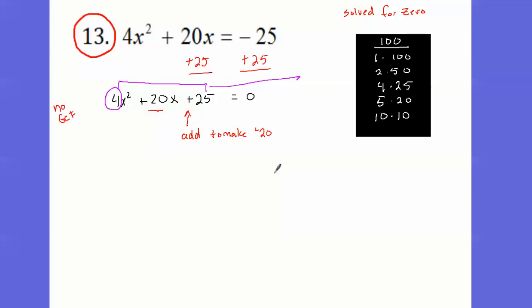I'm looking for 2 values that will add to make 20. In this particular case, we're going to pick the 10 and the 10, because 10 plus 10 gives you 20. So then I'm going to create the binomials I need.